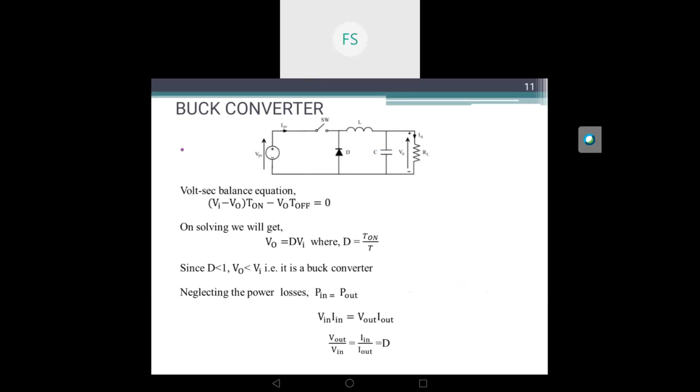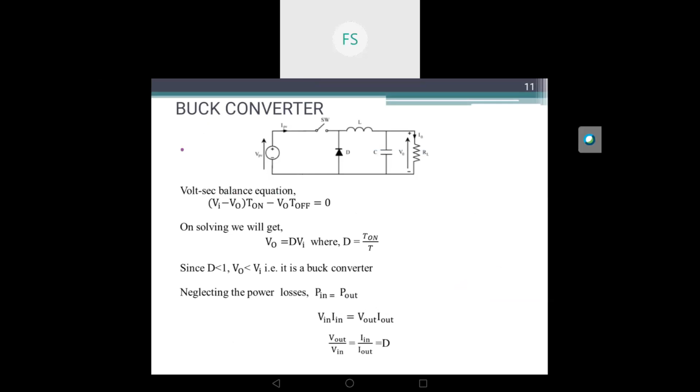The first one is the buck converter. Okay, a buck converter reduces the input voltage level. That is, the output voltage will be less than the input voltage. To examine this circuit, I have used an equation called the volt-second balance equation, because we use this equation in switch mode power conversion circuits.